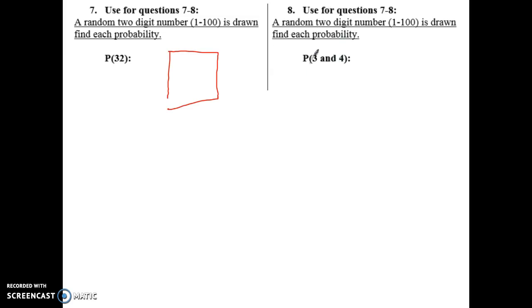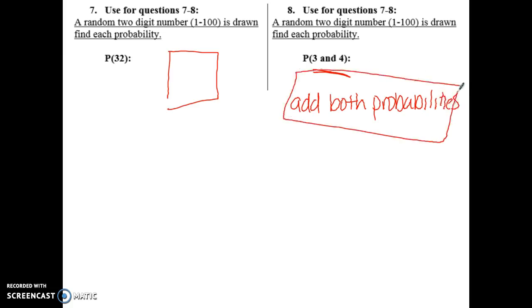For 8, you guys were having trouble with the ands here. And so, reminder, for these, all you have to do is add both the probabilities. Add up the probability of 3 and the probability of 4.